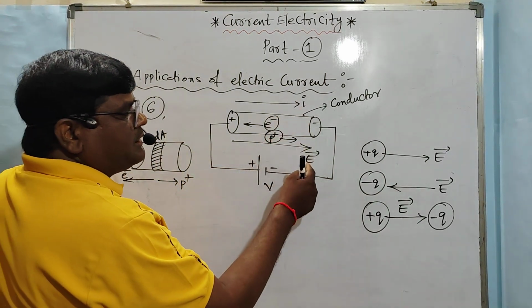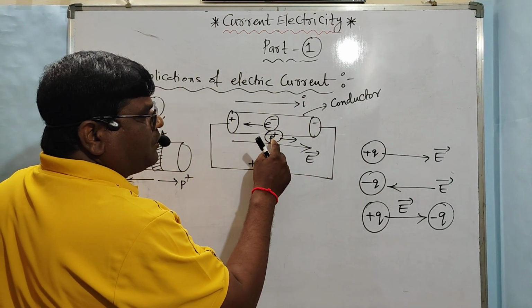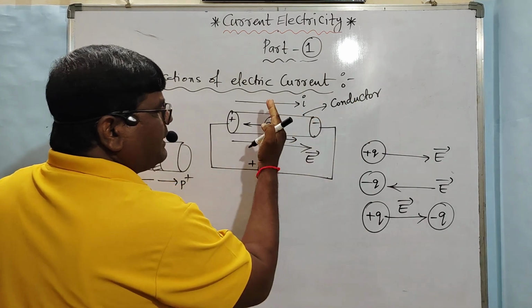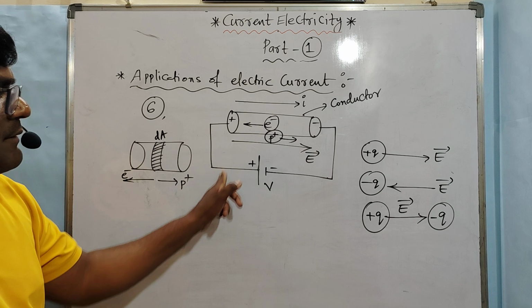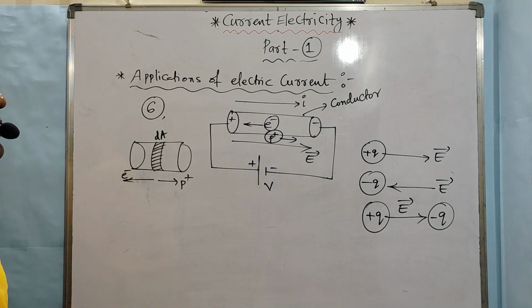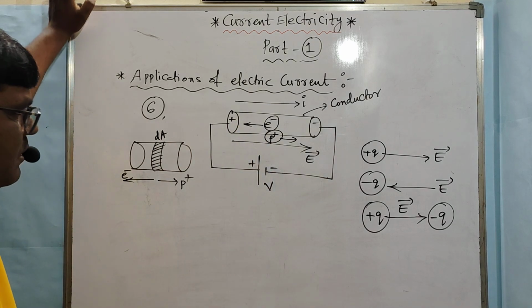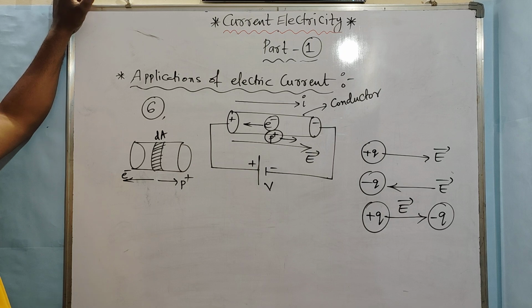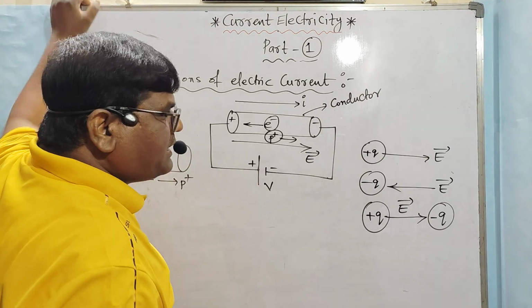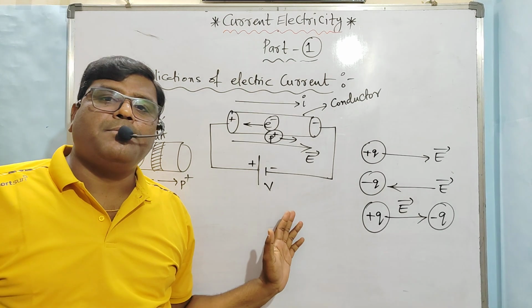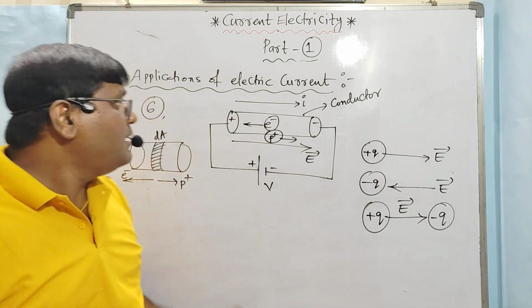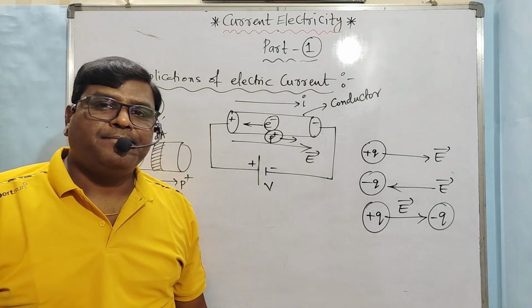So I, E, and protons are in the same direction, but the electron is opposite, if the battery is connected with this polarity. This is the concept of your sixth application of electric current. Of course, some more points and concepts we will discuss later, but these are the most important six applications of electric current.